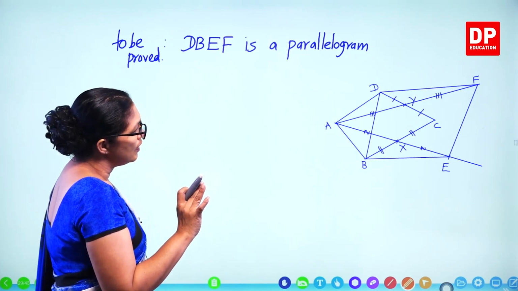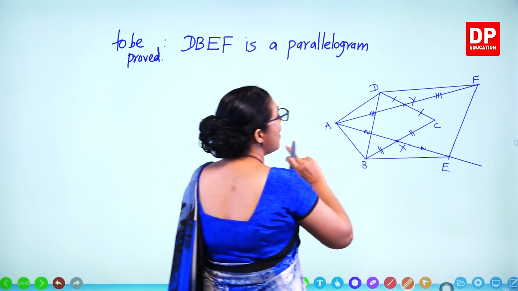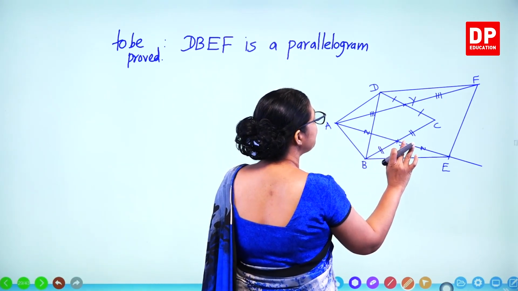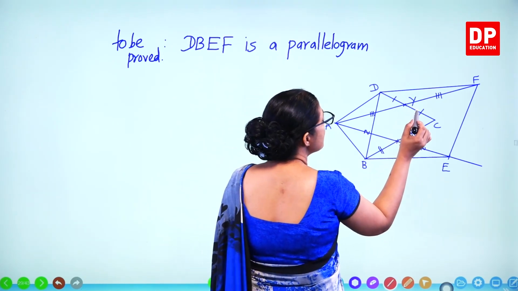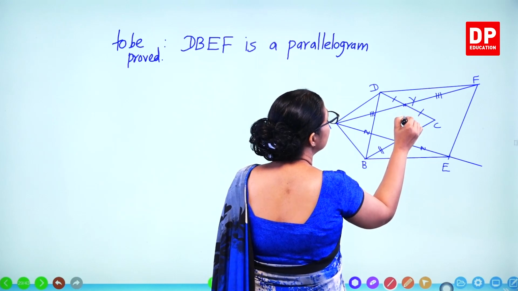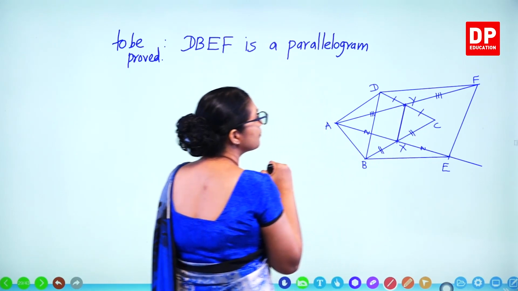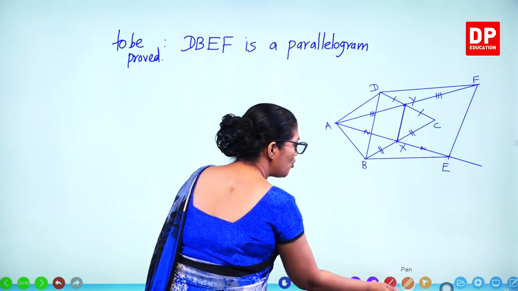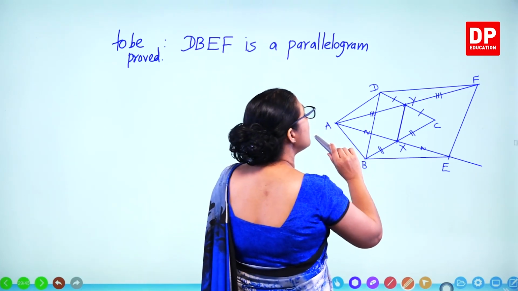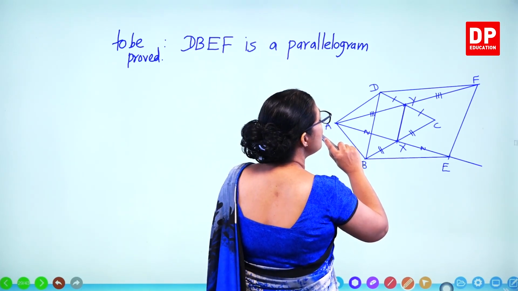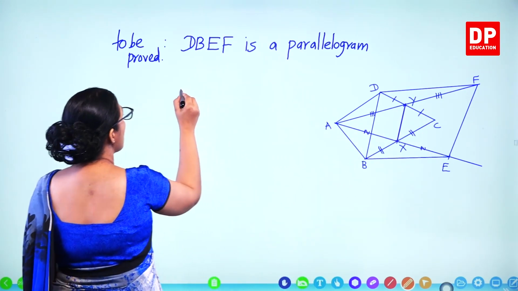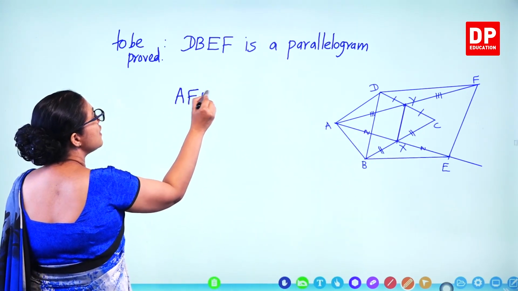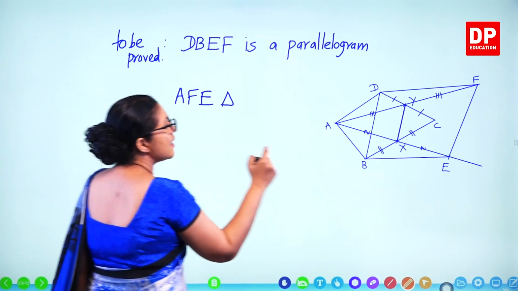So look at carefully. When you look at the diagram, I'll connect these two points, XY. What can you say about this triangle? When you take AFE triangle, what can you say?